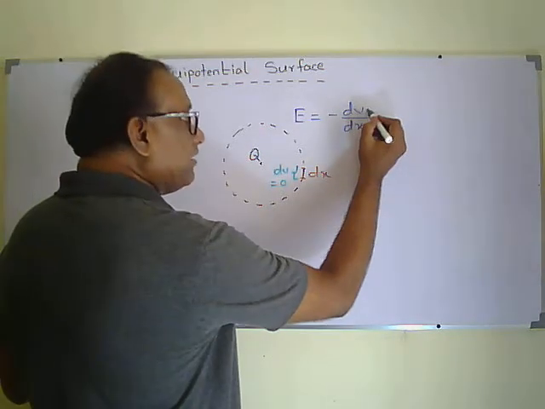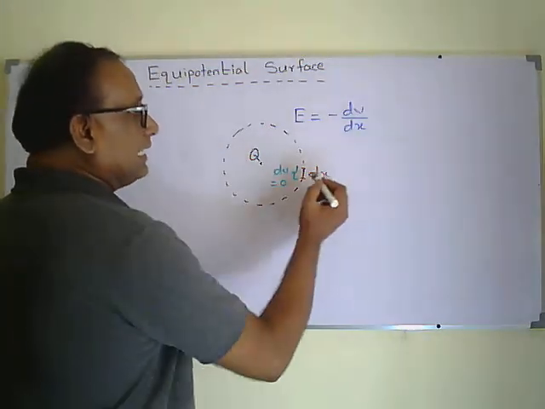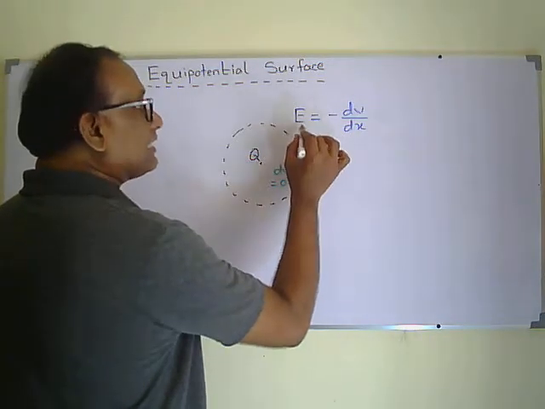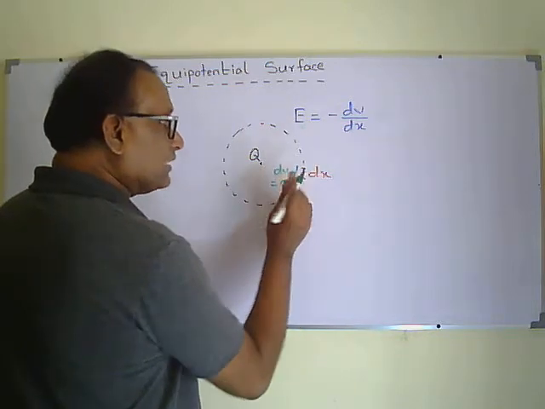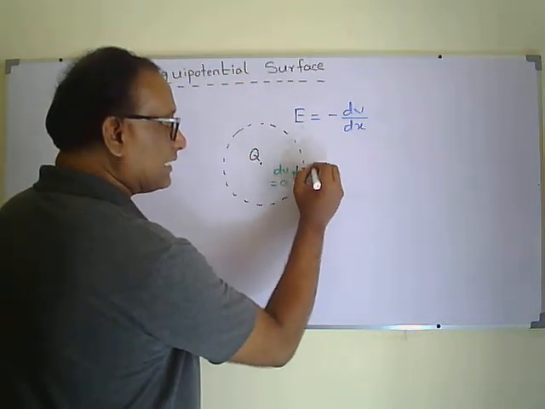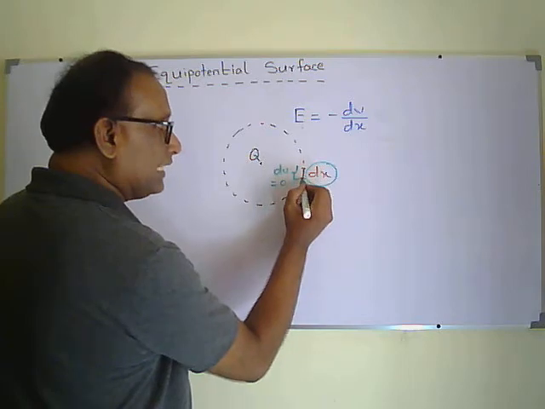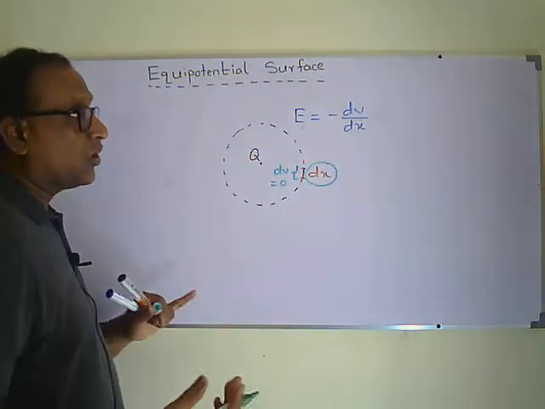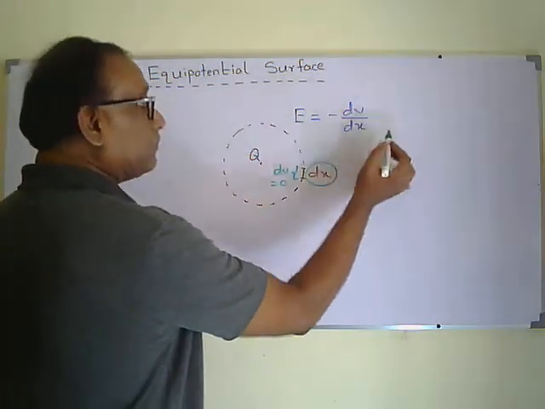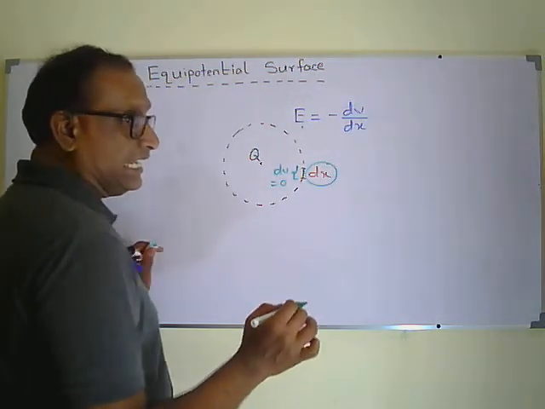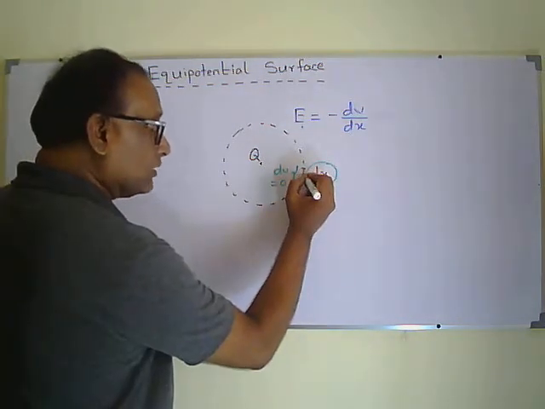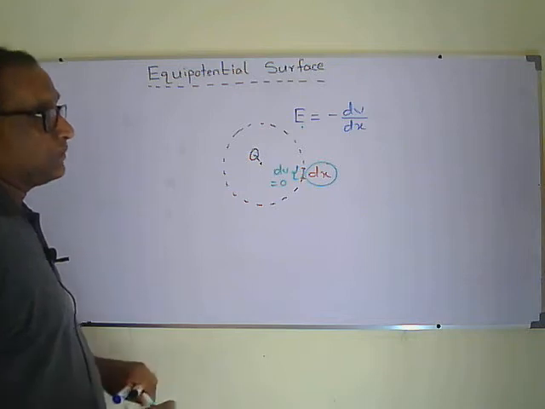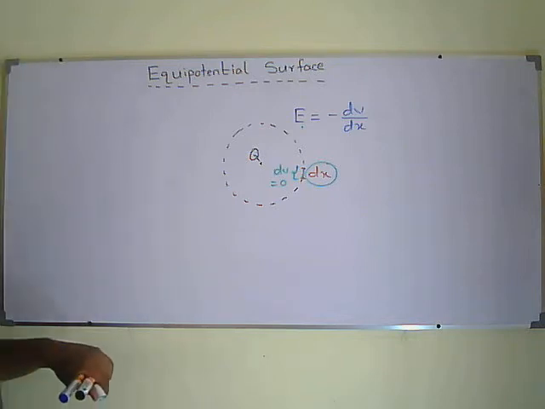So dV equal to 0 means in that small dx, if it wants to be 0, that means E must be equal to 0 along that surface. That is, the potential gradient must be equal to 0.